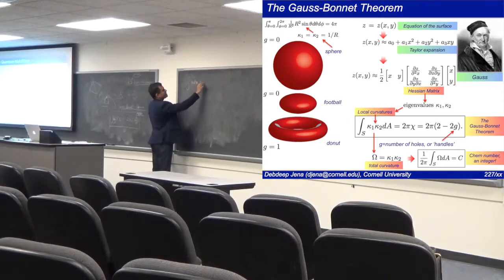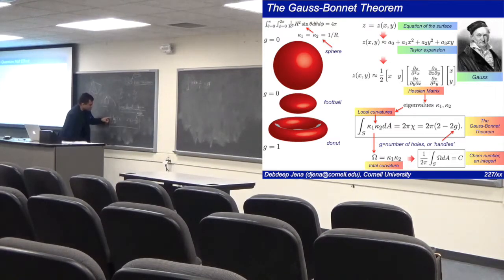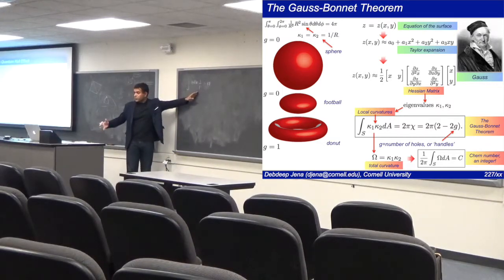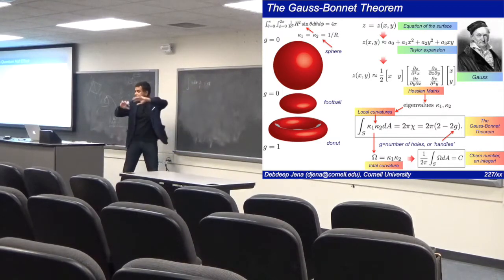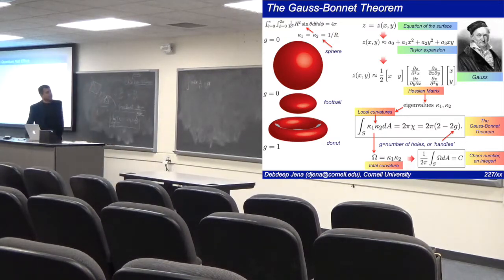I think I missed an r squared, but it should obviously be dimensionless. So just check this out, you'll get 4 pi. This is basically the 4 pi from the Gauss law of electrostatics. It's the same thing, really. For a unit radius, this is the surface area of that surface.